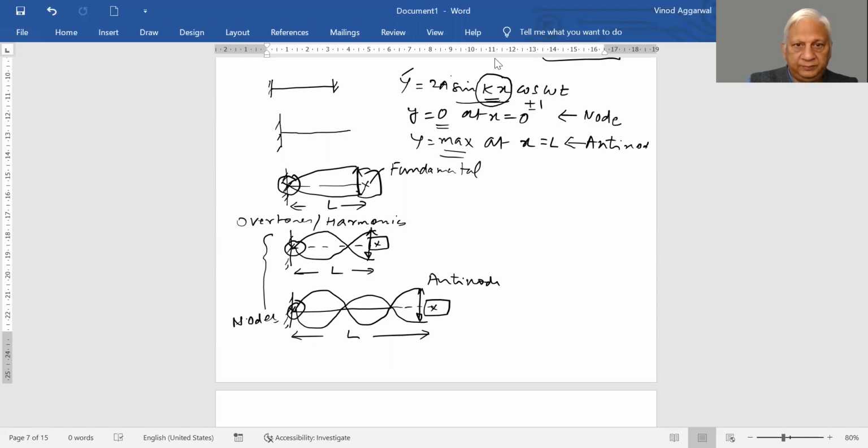So we can say that for an antinode, sine kx is equal to plus minus 1.